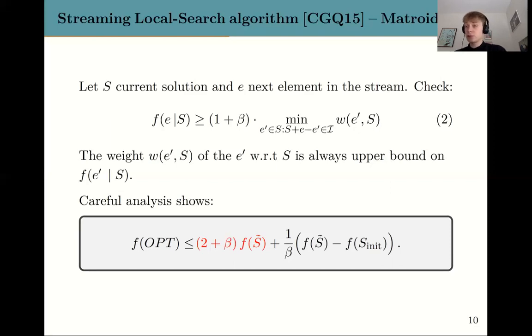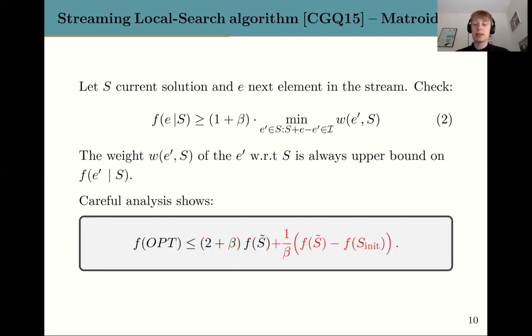On the other hand, since we're now in the streaming setting, you need to understand how much you lose by having elements in your solution at some point and later discarding them. So you want to upper bound the loss of the accepted and then rejected elements.